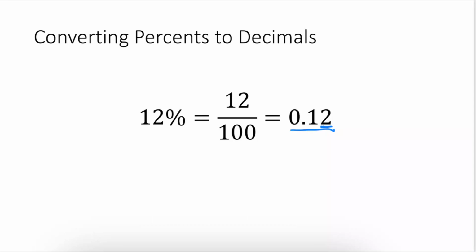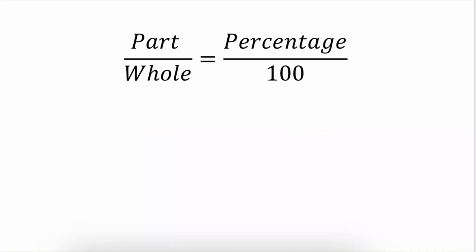So when you're converting percents to decimals, you can just move the decimal place over twice to change it into a decimal, because percent means that you're dividing it out of 100. And when you solve percentage problems, you're basically trying to find fractions that are equivalent to this percentage. Let's say you were trying to find 20% of 400.